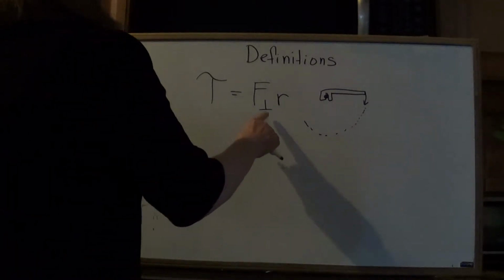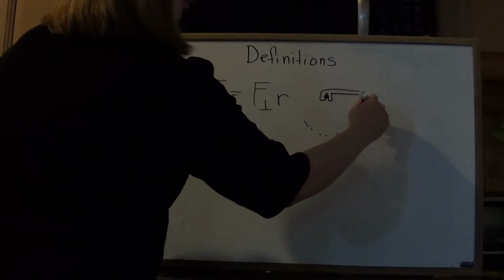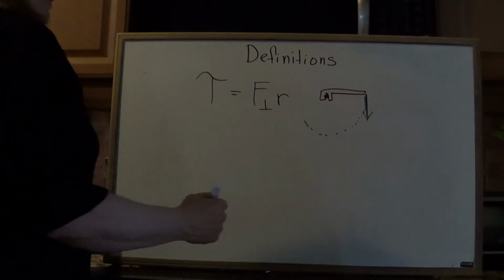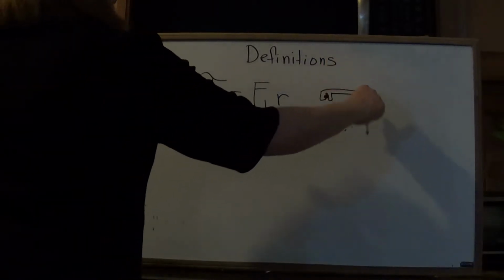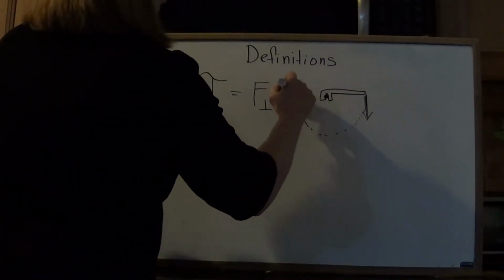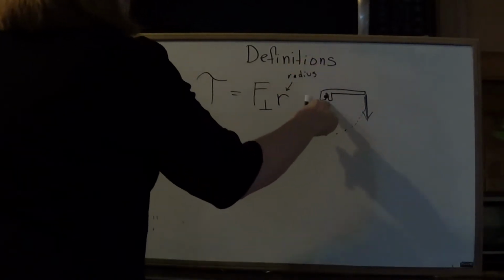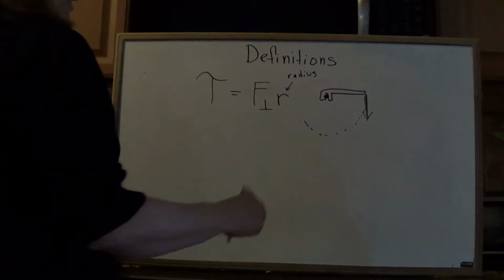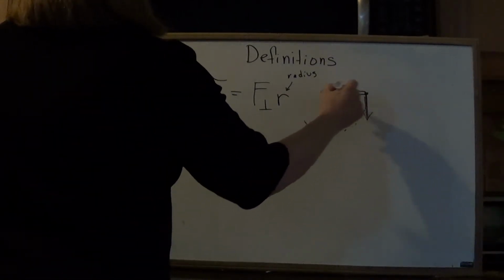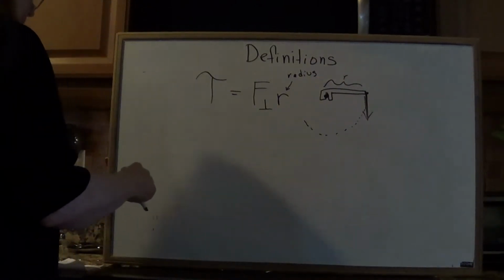So there is a force involved, and the only force that counts is the force that is applied perpendicularly to the lever arm, and it causes circular motion. And R is the radius or the length of the lever arm, the distance from the center, also called the axis of rotation, to where the force is applied. That is the radius or the lever arm.